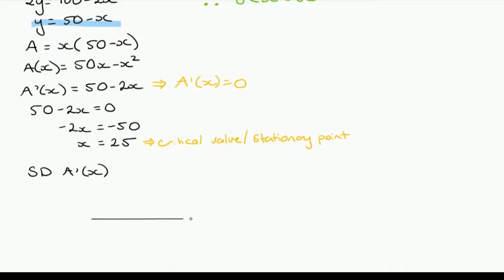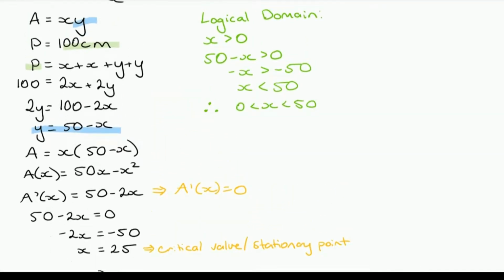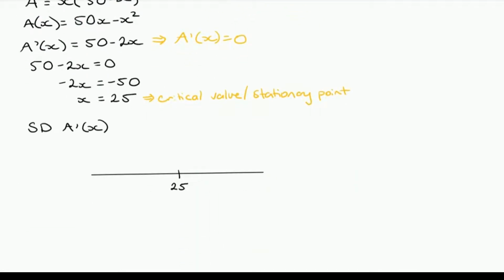So rolling up a nice straight line, I'm going to put my 25 for my x value here. And also, I need to have my two endpoints from up here as well, because that's something that's worth checking. So 0 and 50, my two endpoints.